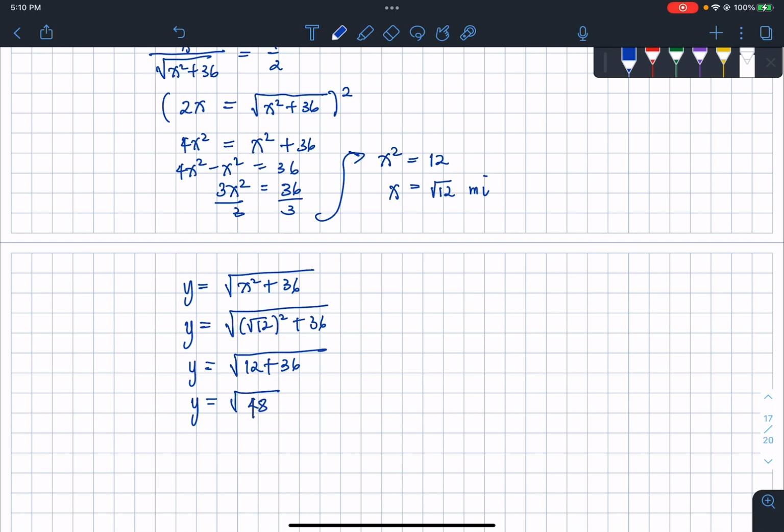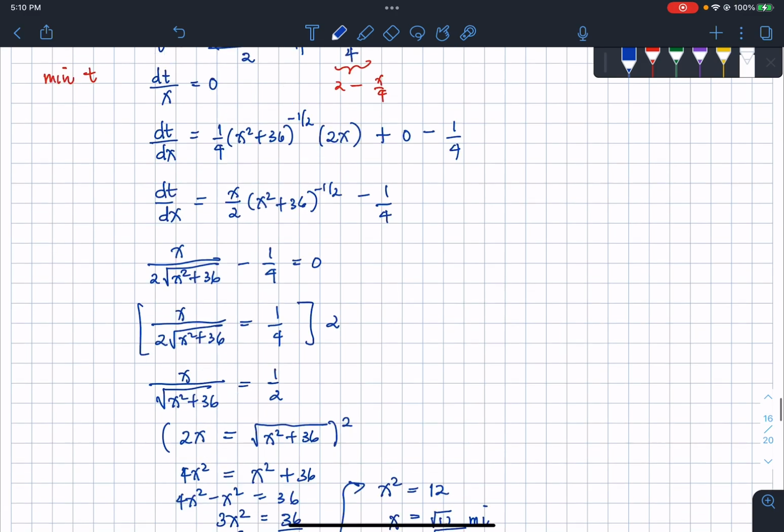So the square root of 48 is the same as 16 times 3, which is 4 the square root of 3. This 12 is the same as 4 times 3, which is 12, which is the same as 2 the square root of 3. So that is y.